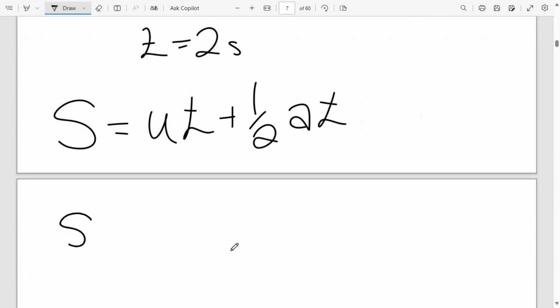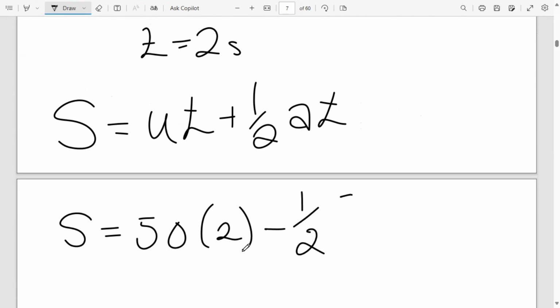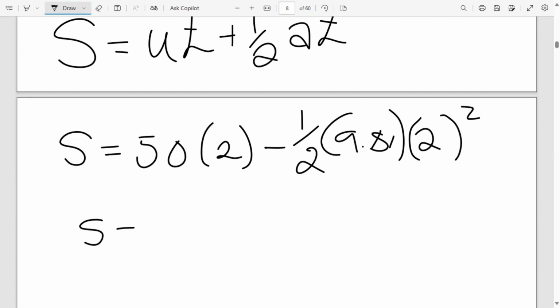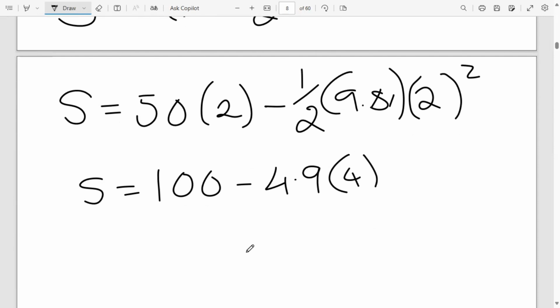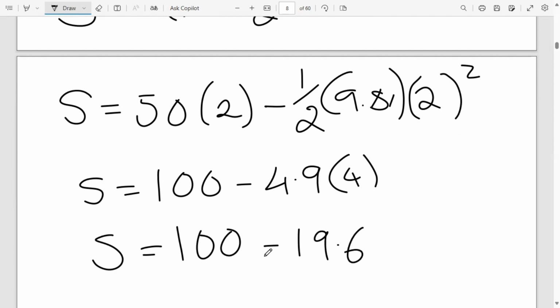Okay, so we're going to say displacement S is equal to 50 multiplied by 2 minus half of 9.81 times 2 squared. So I'm going to have my S is equal to 100 minus 4.9 multiplied by 4, since 2 squared is equal to 4. That is 19.6.